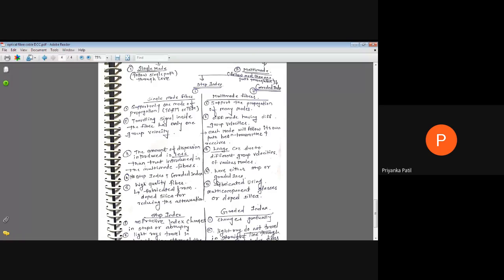The next difference is that when the data is traveling, the signal inside the single mode fiber has only one group velocity, because we only use one mode of transmission. But in multi-mode fiber, different modes are available, so we need different group velocities. Every mode has its own group velocity through which we transmit the contents.